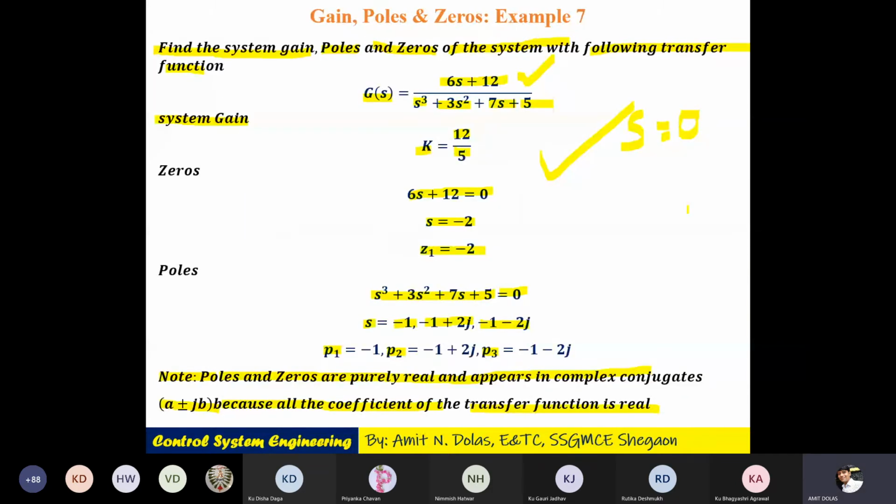Okay, so up to this example we have seen the general form and the time constant form of the transfer function, how to get the system gain using the transfer function, and how to obtain zeros and poles from the transfer function.